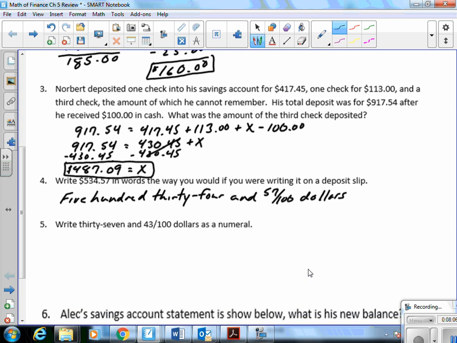Number 5, write 37 and 43 $100 as a numeral. So 37, 43. Simple enough, hopefully.